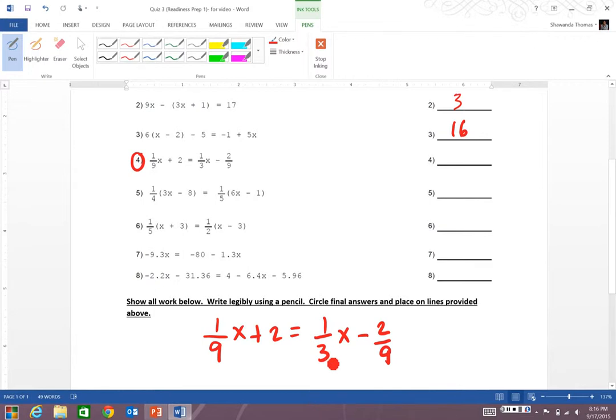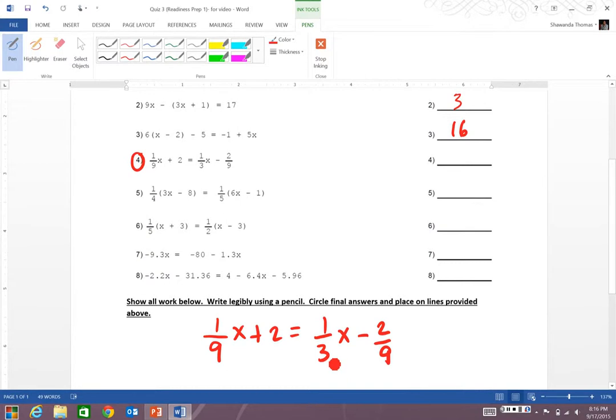Or what is the lowest number that both 9 and 3 can go into evenly? The answer is 9, because 3 can go into 9 3 times, and 9 can go into 9 1 time. That's the lowest number that both 9 and 3 can go into.